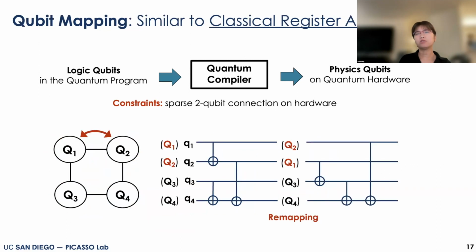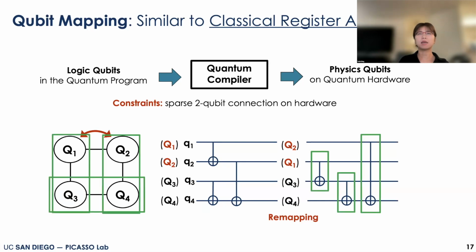To resolve that issue, one idea is to do a remapping before the non-executable gate. For example, here, just before the fourth gate, we can try to do a remapping between Q1 and Q2 so that all the remaining gates can be executable.